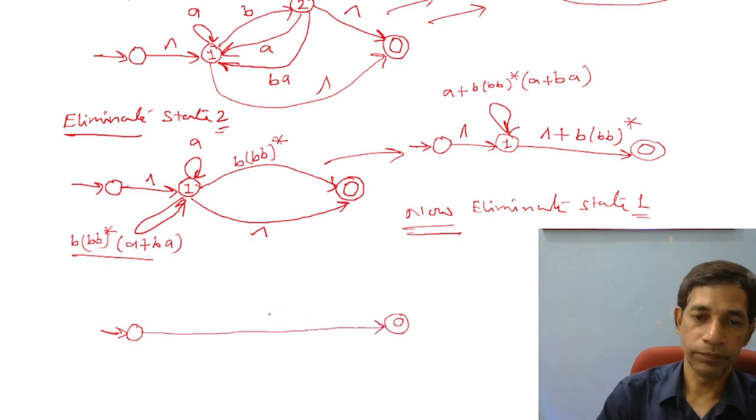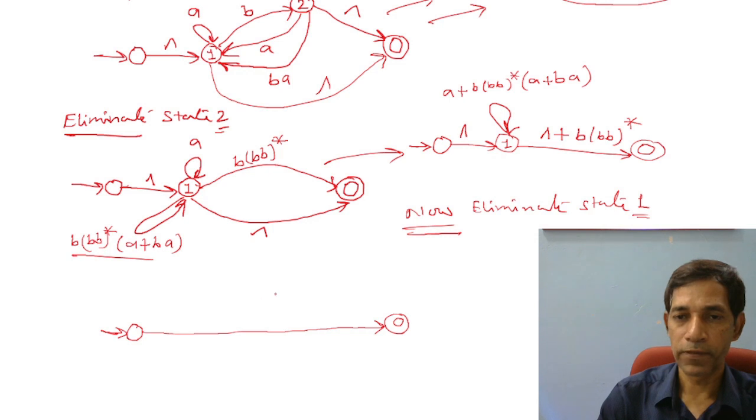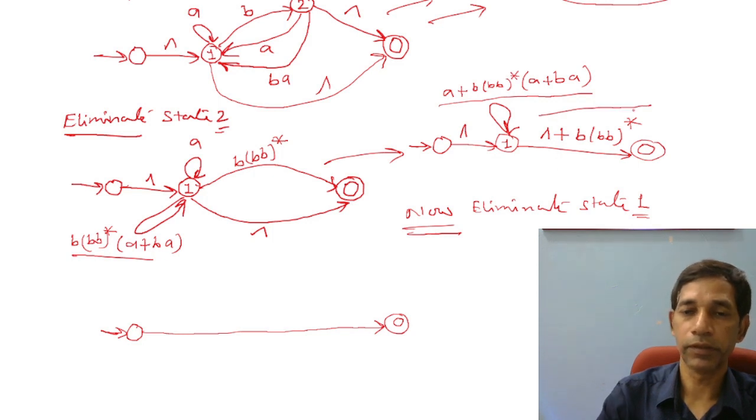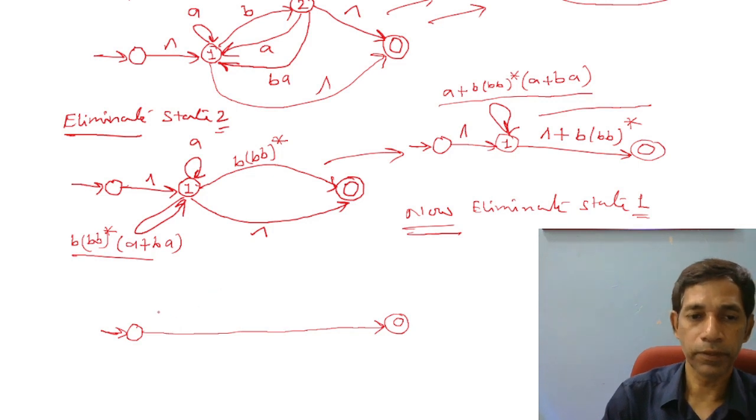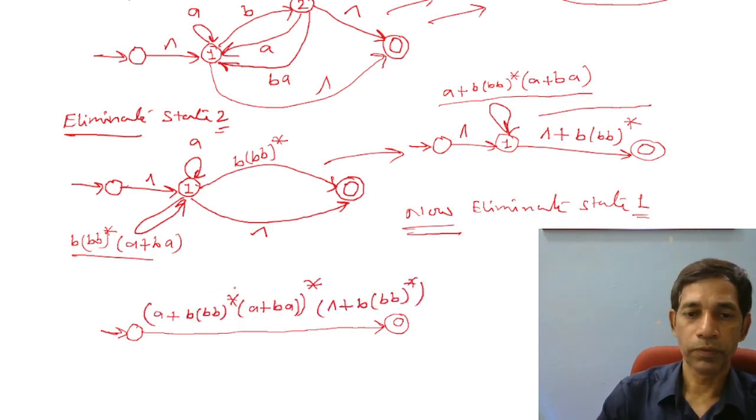What is the label of this? The label is you have null, you are concatenating this null with this, and then concatenating with this. So this is the resulting label you have obtained.